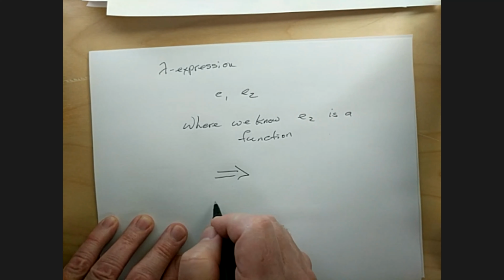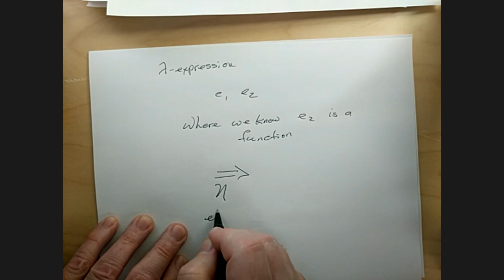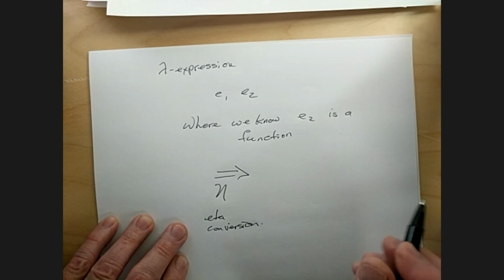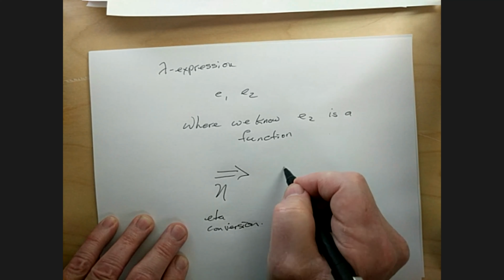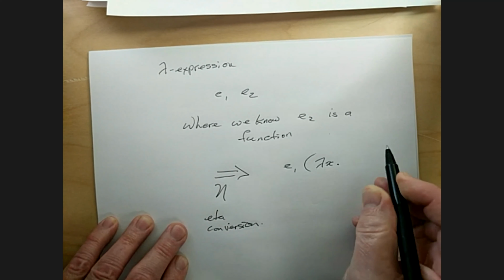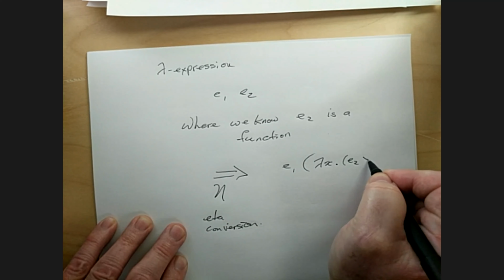This can be eta converted to E1 lambda x dot E2 of x.